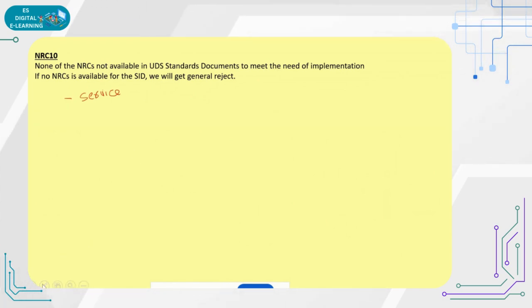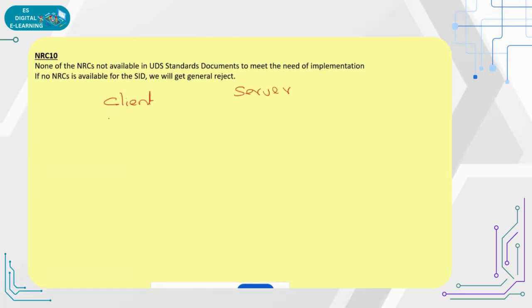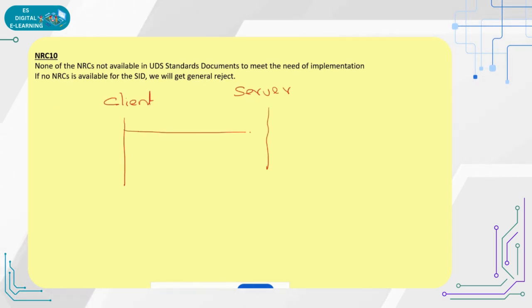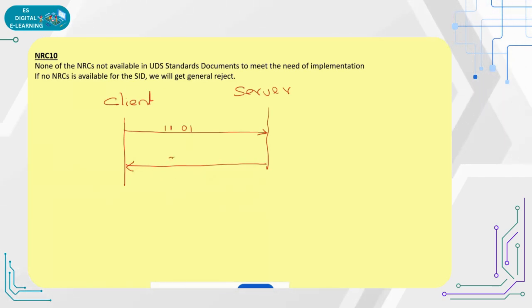Okay, you can write down like this example. The client and server. So if you say we can use 11, you are sending the request, you are getting the response of 7F.